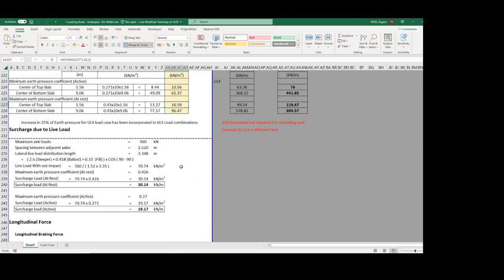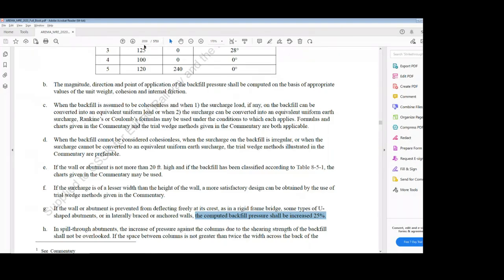This is also written in the code, chapter 16, for culverts also. Let me show you.